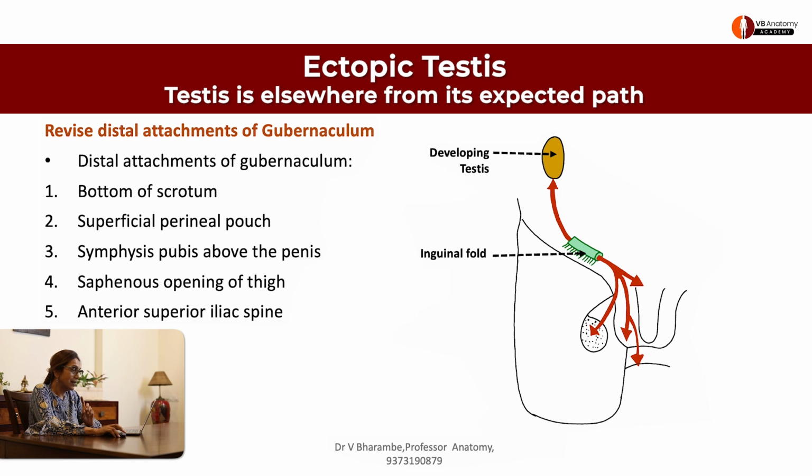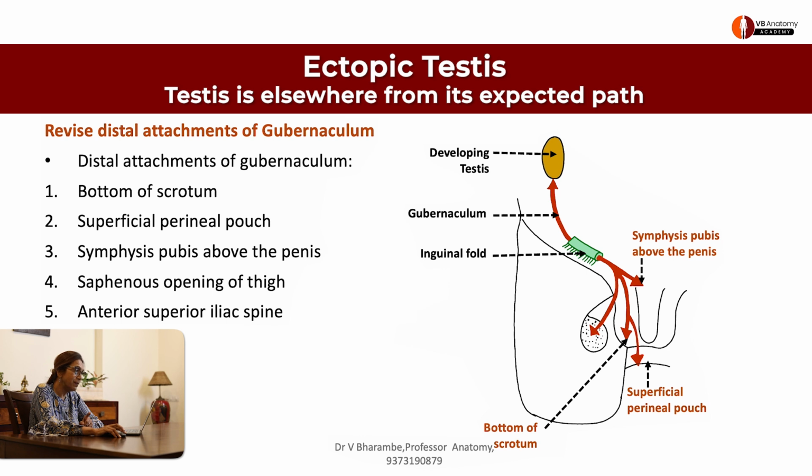Meanwhile, I'll move on to if the testis is not along the path of descent, then where shall I find it? So for this, again quickly revise the various tails of Lockwood, various attachments of gubernaculum. You remember, normally at the bottom of scrotum, sometimes in perineum, base of penis, saphenous opening, anterior superior iliac spine, and so on.